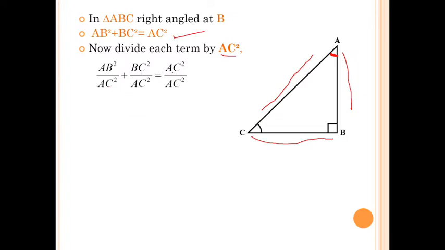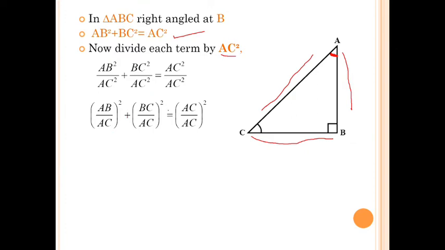So, now we have the square on numerator and denominator for every term, so we will be taking the square outside from each and every one. That is AB by AC whole square plus similarly BC by AC whole square is equal to AC by AC whole square.